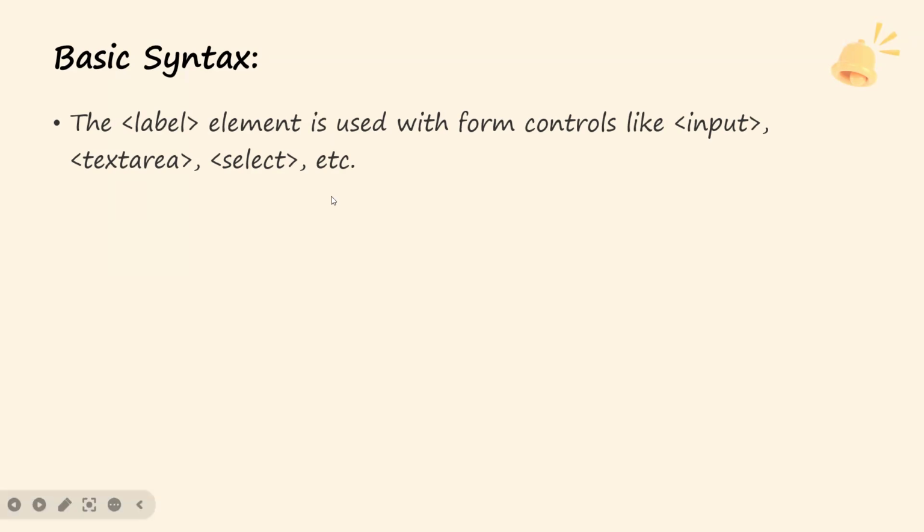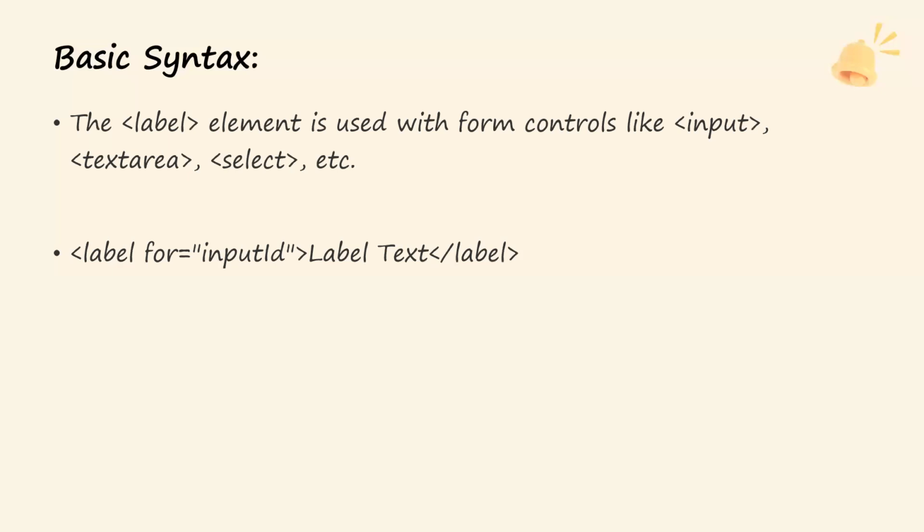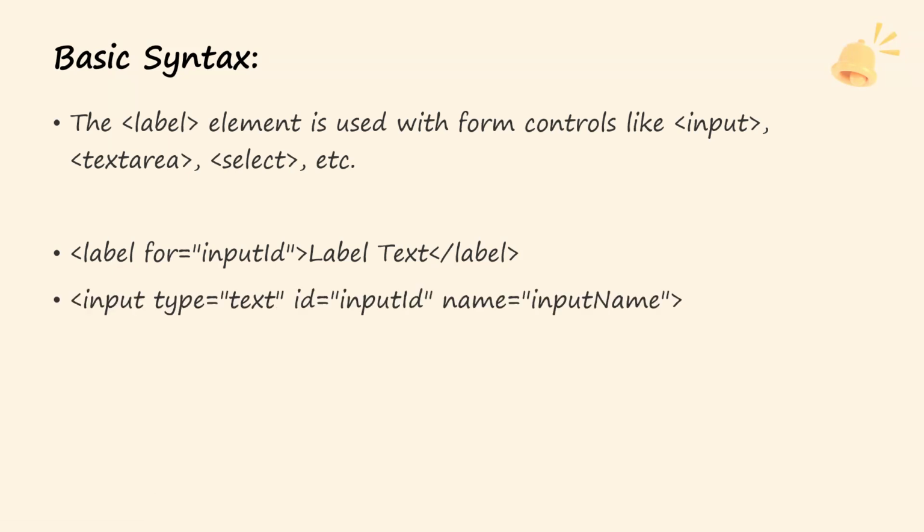How do you write it? This is how you write it. Whenever you write it, you use the label and these attributes. These for attributes you must always use. There are other attributes too, but this one is the most important. If you can see this label, the for attribute is pointing to the ID of this input element.